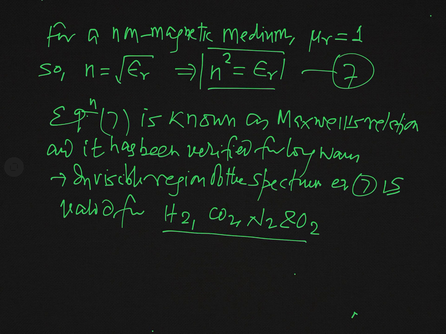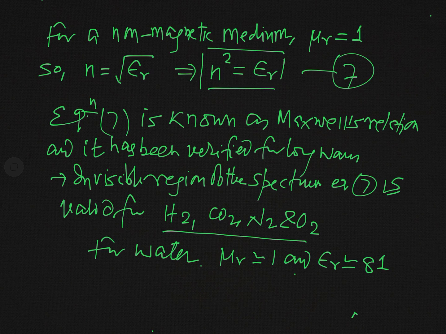For water, mu r is almost equal to 1 and epsilon r is almost equal to 81.